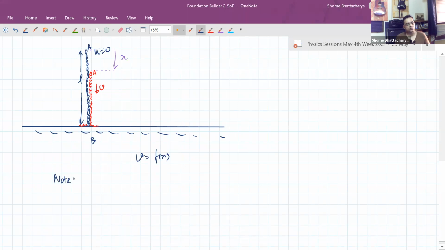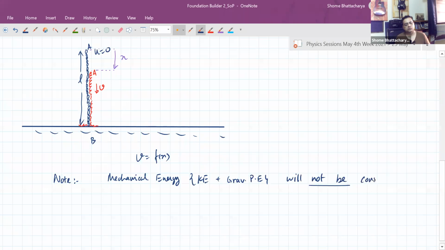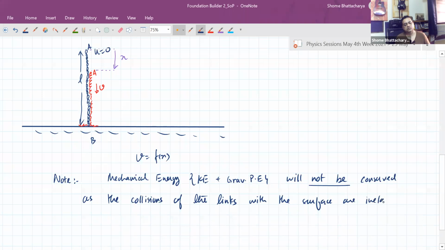So first and foremost, as I told you, mechanical energy, that is kinetic energy plus gravitational potential energy, will not be conserved, as the collisions of the links of the chain with the horizontal surface are inelastic collisions.